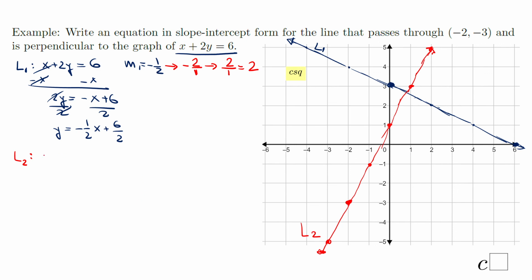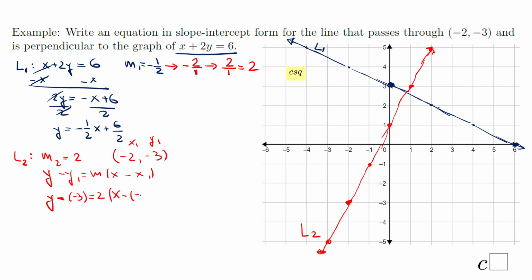So we have the slope of the second line as positive 2, and the point it goes through is negative 2 and negative 3. You know by now what I'm going to use. y minus y1 equals m times x minus x1. So I'm going to have y minus negative 3 equals 2 times x minus negative 2.